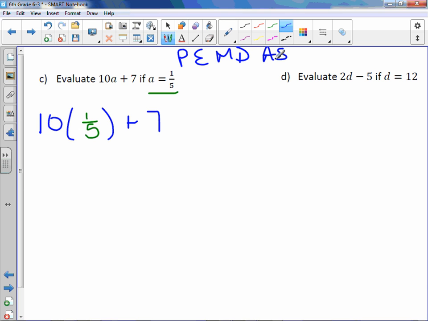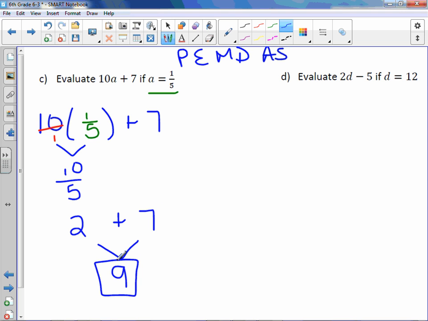There are no exponents, but I do have multiplication. I have 10 times 1/5. So let's put that 10 over 1 and multiply. 10 times 1 is 10. 1 times 5 is 5. But 10 divided by 5 is 2. Bring down the plus 7. Add them up and get 9.